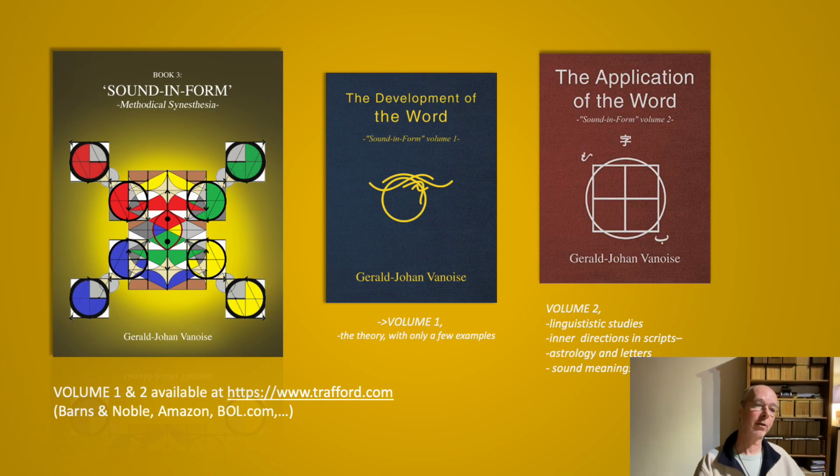I hope you enjoyed. This was again the demonstration of something which was explained in the book Sound in Form. If you want to start the theory, you can also just buy volume 1, and we have some examples there. If you want to go deeper into what all happens in language and in astrology and in scripts and so on, the second one is more your cup of tea.